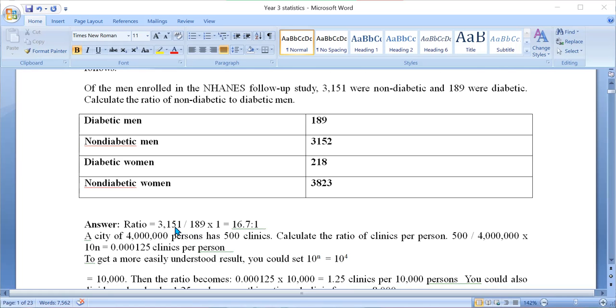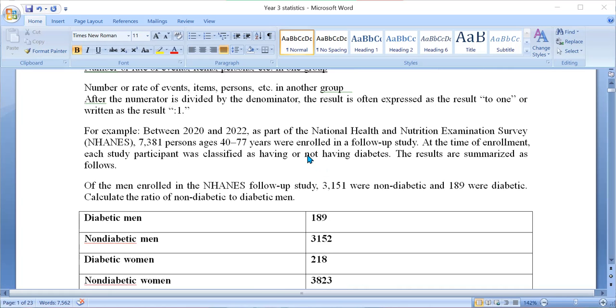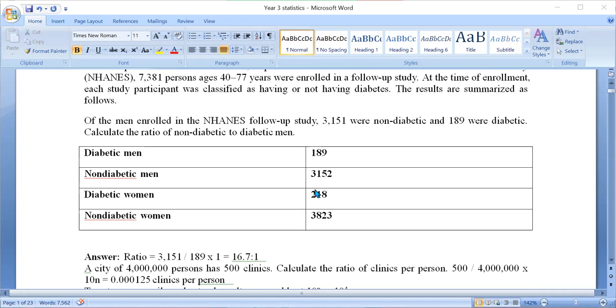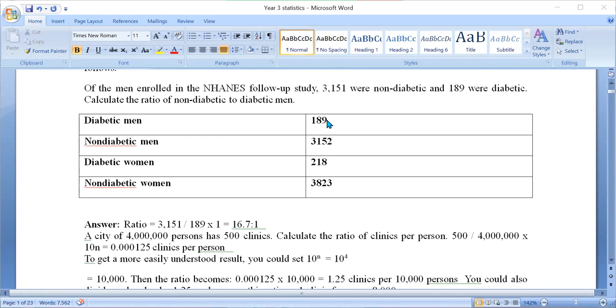By that calculation, you arrive at 16.7 is to 1. You see what we were explaining earlier: the denominator will be equal to 1. By the time you divide 3,152 by 189, 189 must end in 1. So what you will do is you just point your calculator.